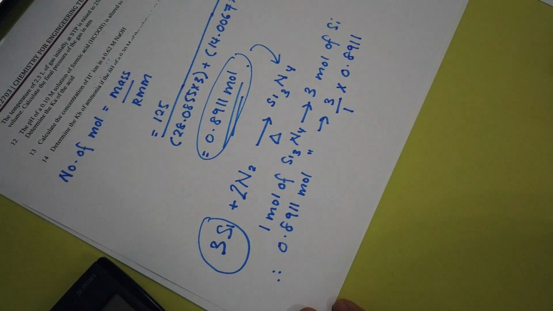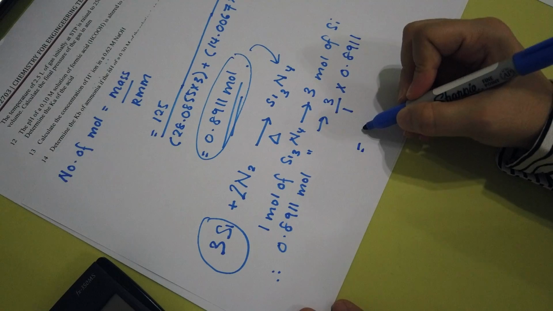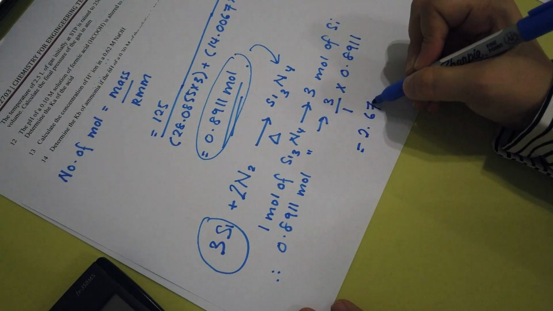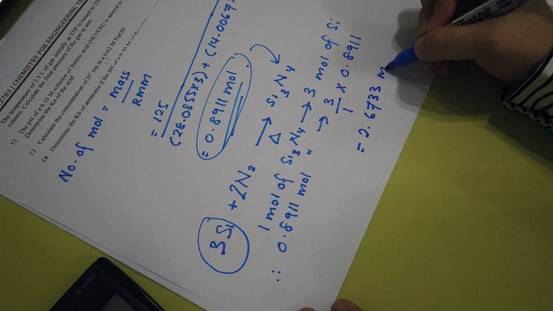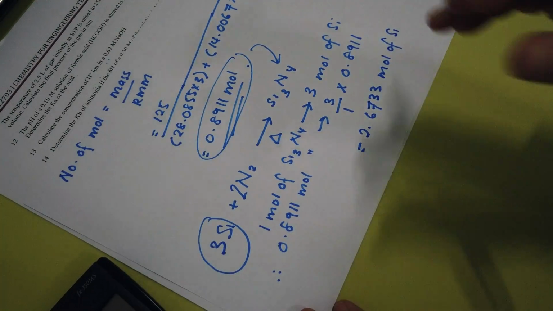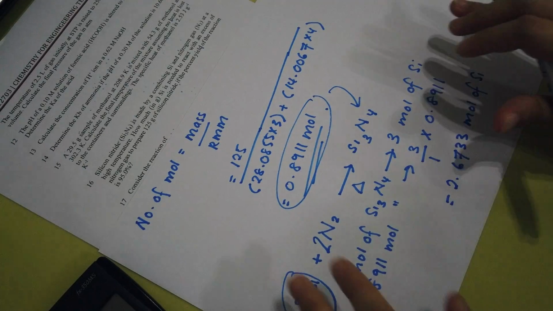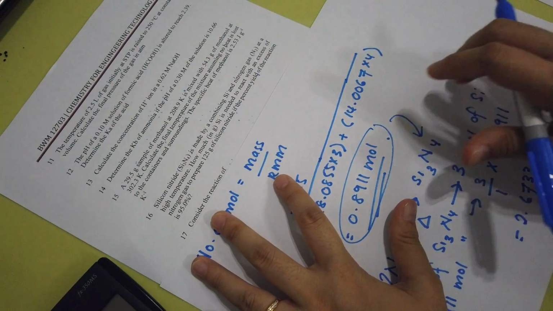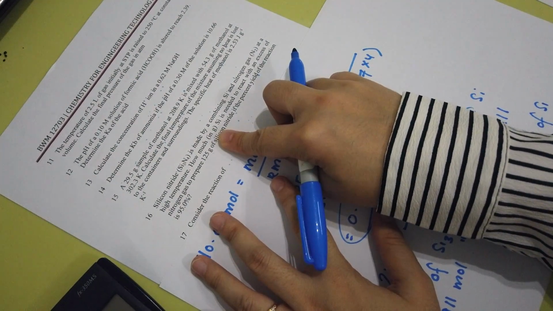So you should get 2.6733 mole of silica.